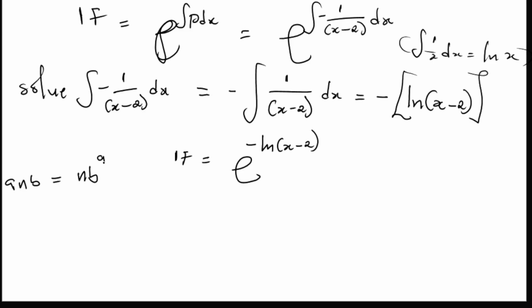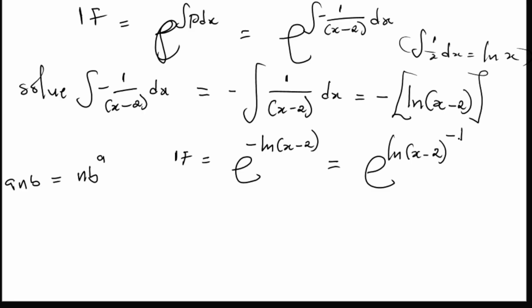Are we together? Now remember, you have an invisible minus 1 here. So if you want to simplify this with respect to your indices concept, this will be exponential of ln of x minus 2 raised to the power of minus 1. Are we together?